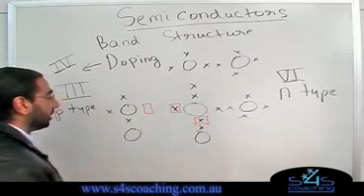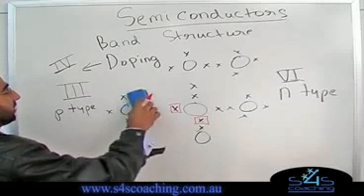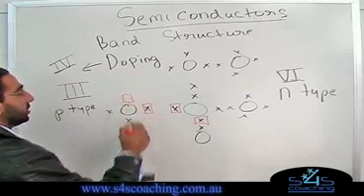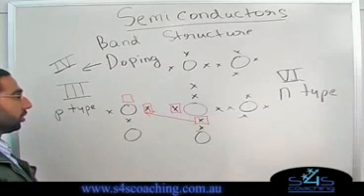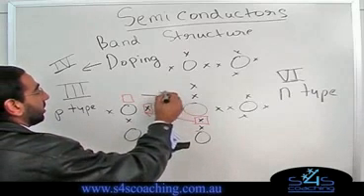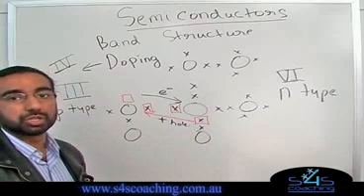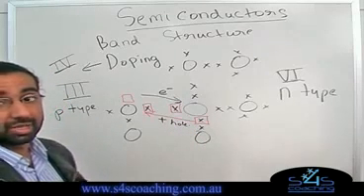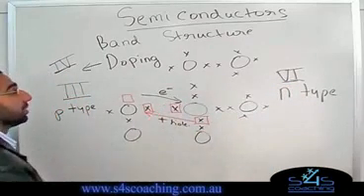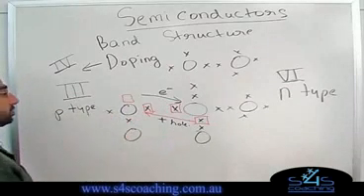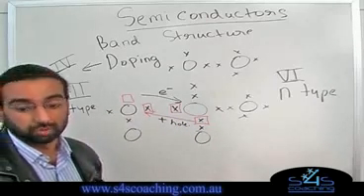Then this electron might jump to fill the gap here, and now we have the gap there. So we can see that the gap, or the positive hole, is going that way, while the electrons are going this way. This is the positive hole. So these are the two ways that you can make your semiconductors. An N-type, in which you dope it with a group 5 and add an extra electron, or a P-type, in which you dope it with a group 3 and you have one less electron, so you essentially have a positive hole.